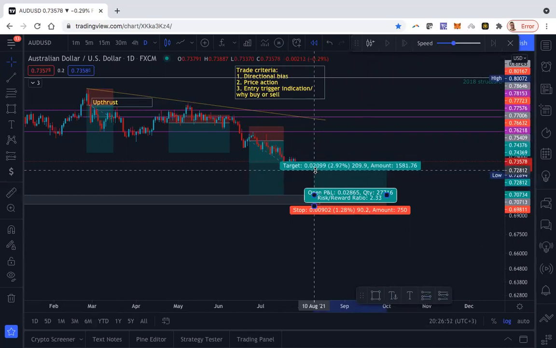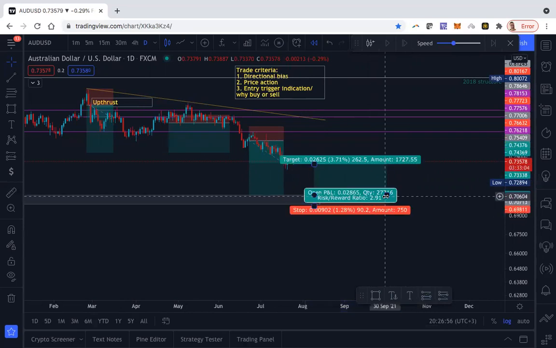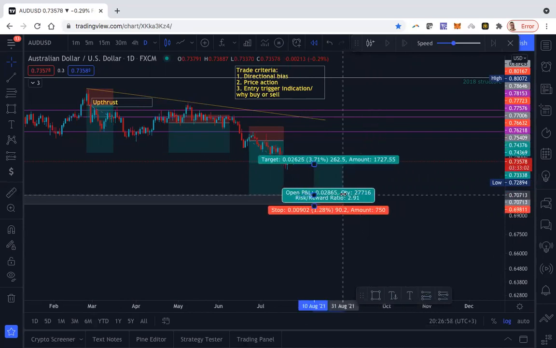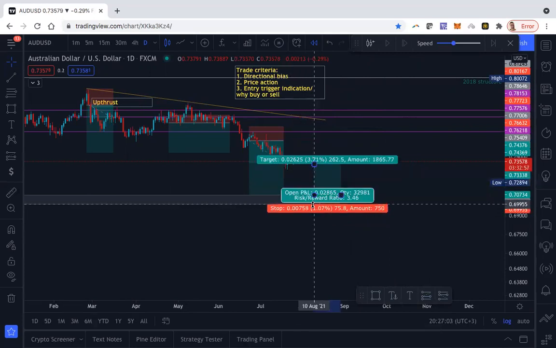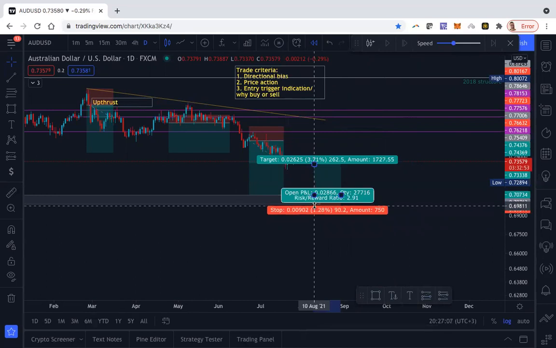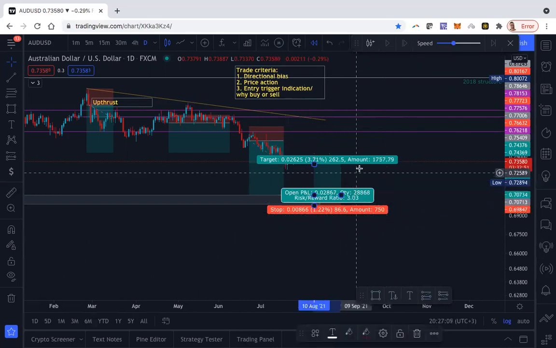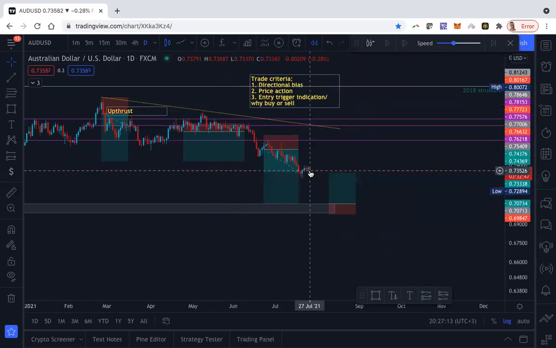So possibly 200 pips, 250 pips thereabouts, with the 90 pip stop loss. So 90 or less, let's say 70, just let's say 80 pips, just below. This is a 3 risk to reward, right? So this is the 27th.